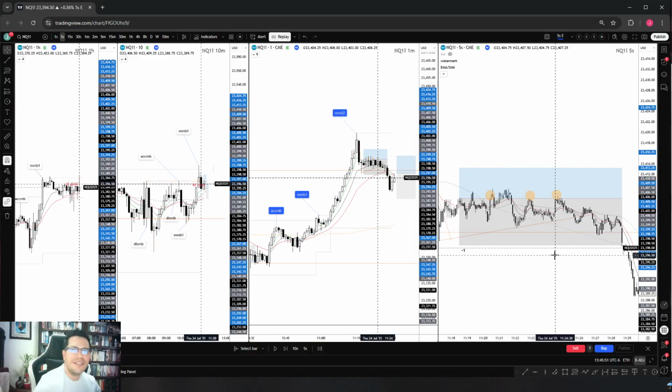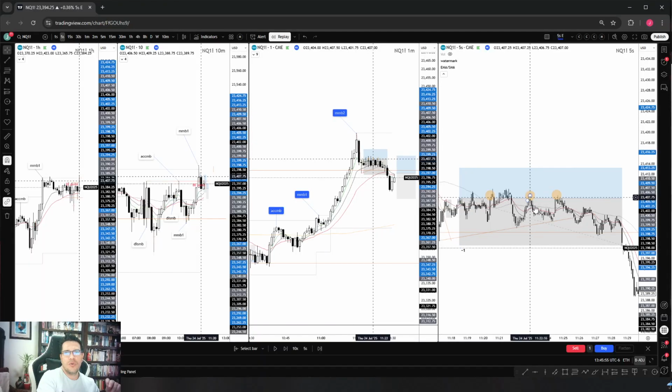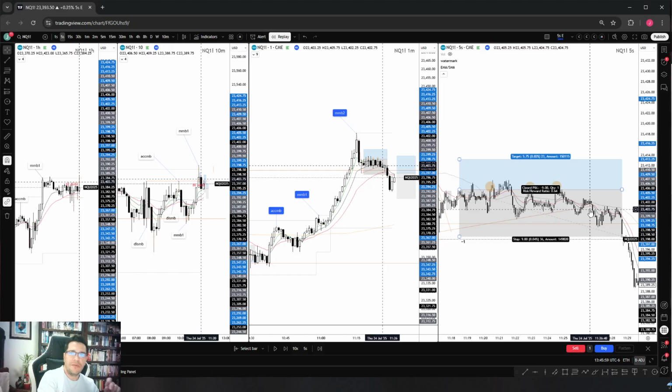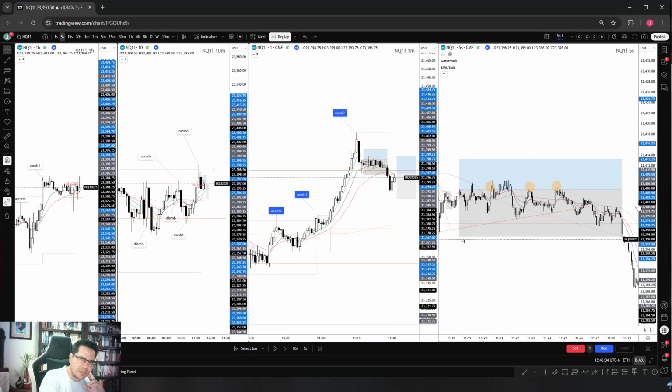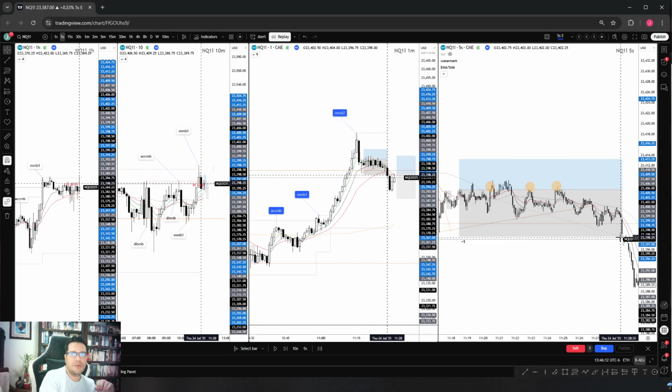So at least I had 3 opportunities to close at break even, but I decided to let the trade run, to let the trade open, even though I saw this much consolidation, this much back and forth. And what happened is that after this point, price never came back to entry point and went just straight to my stop loss.